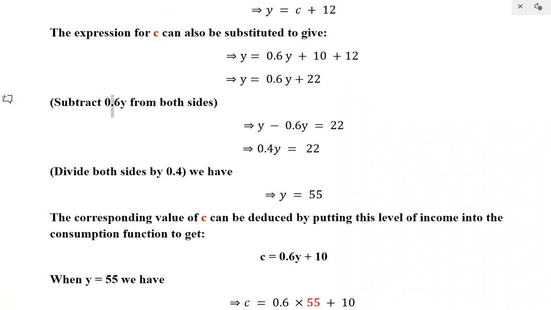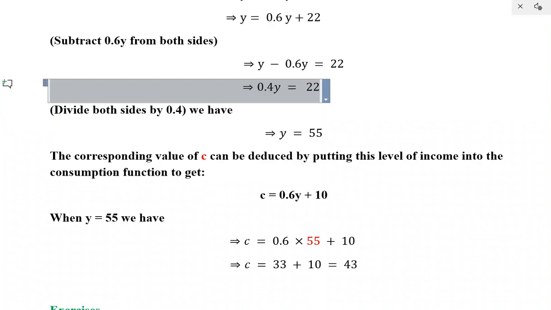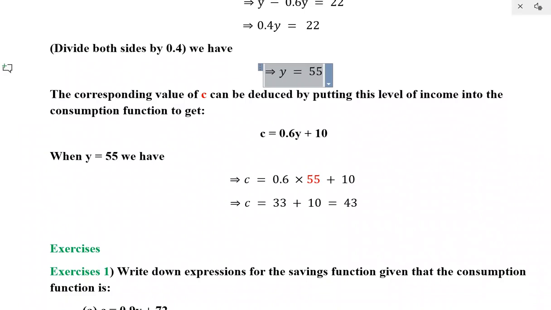Subtract 0.6Y from both sides. Y minus 0.6Y equals 22, so 0.4Y equals 22. Divide both sides by 0.4, we have Y equals 55.